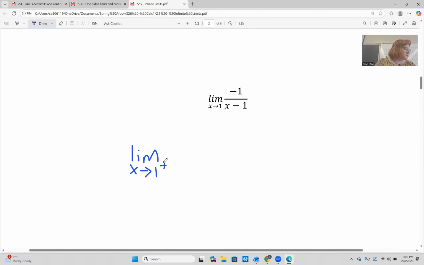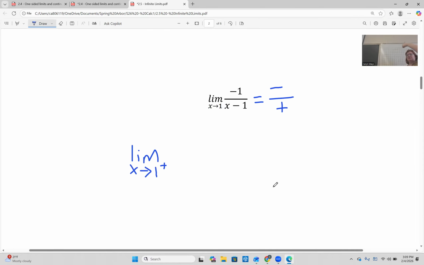1.01 minus 1 would be a positive number. So right now we'd have a positive, and the numerator is always negative. It's discontinuous at 1 because if I plug in 1, I get 0 in the denominator. It's non-removable. I can't cancel the x minus 1 away in any way, shape, or form.